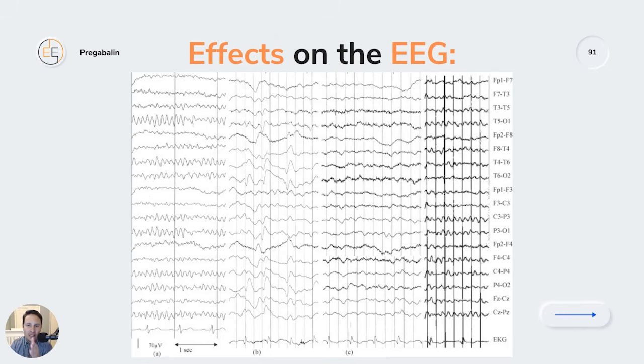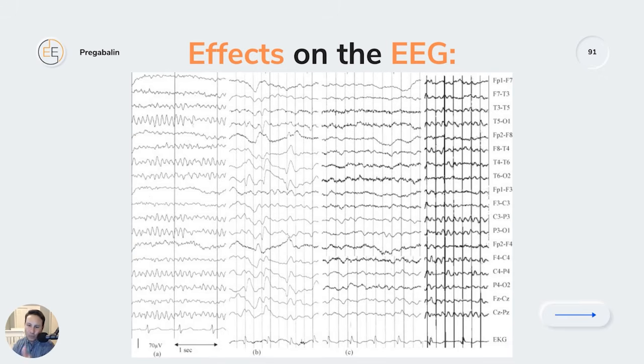On the C slice, you have the EEG after the intravenous administration of 4 milligrams of lorazepam, restored background activity with intermittent slowing in the right posterior head region. And then lastly, you have the EEG 2 weeks after onset of the psychotic episode with resolution of the clinical symptoms and then a return of the normal background activity.